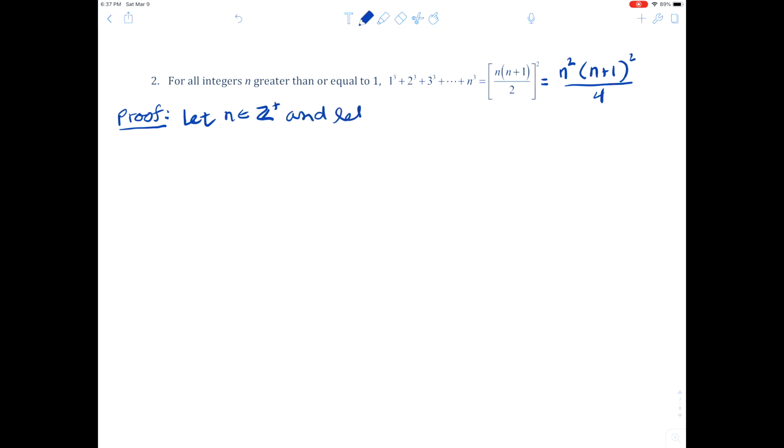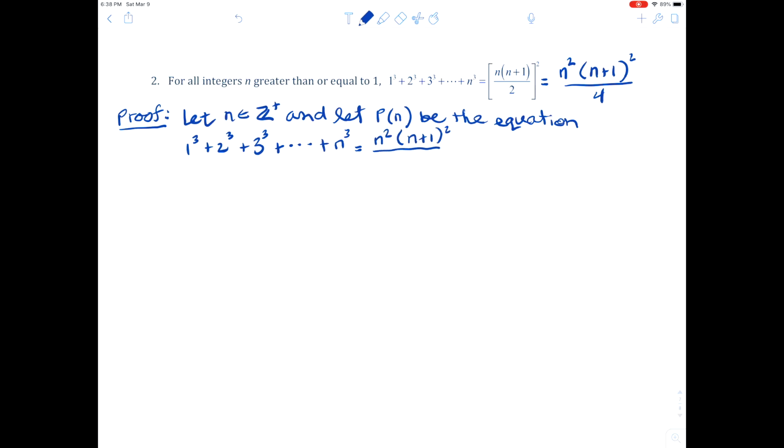And let P at n be the equation 1 cubed plus 2 cubed plus 3 cubed plus dot dot dot plus n cubed equals n squared times (n plus 1), the quantity squared, all over 4.